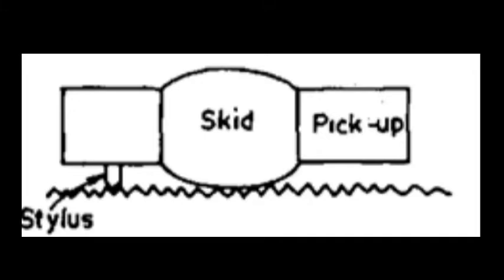The skid or shoe is drawn slowly over the surface either by hand or by motor drive. It follows the general contours of the surface and provides a datum for the measurements. The stylus moves over the surface with the skid, and it moves vertically up and down due to the surface roughness and records the microgeometrical form of the surface.